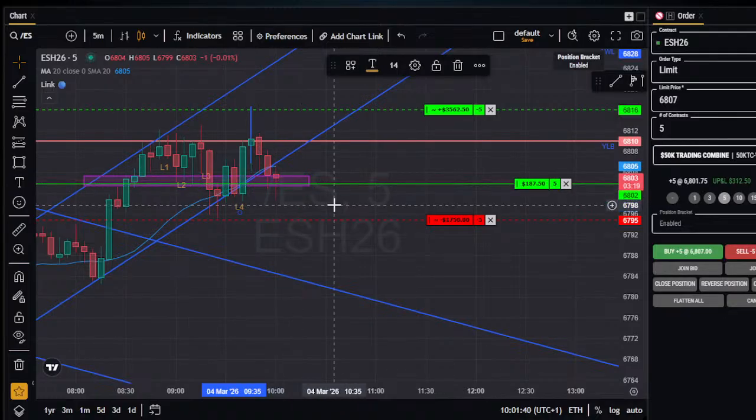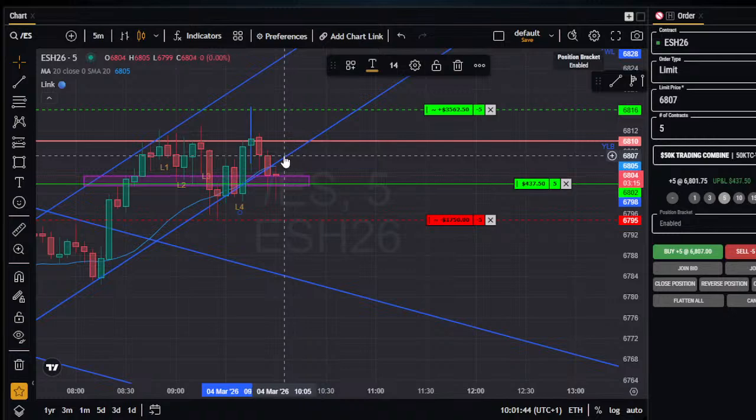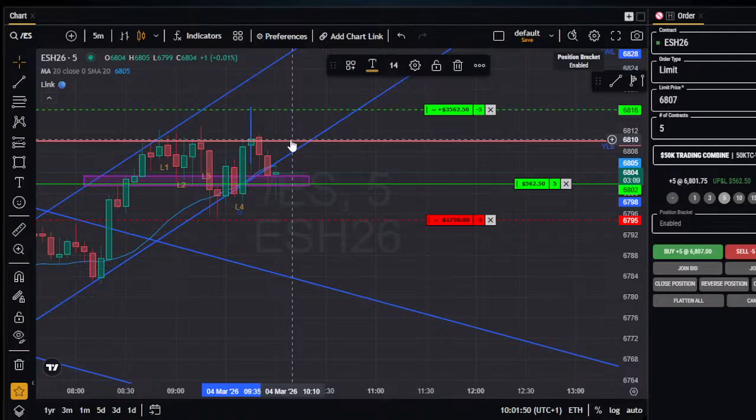Yeah, this looks like a wedge also. So if this trade goes up here, we are confirmed in the trading range, and I should really take some profits out and let the rest run.